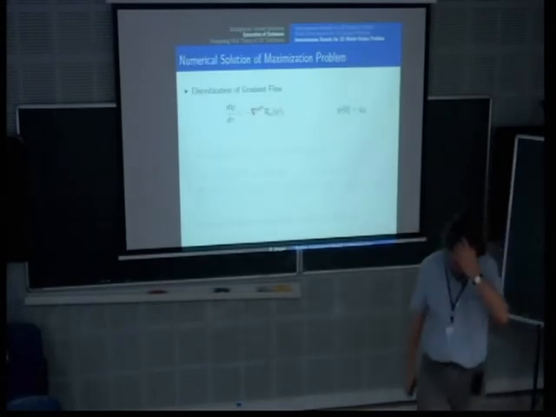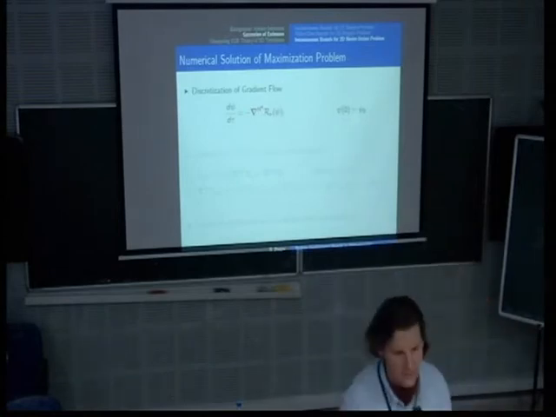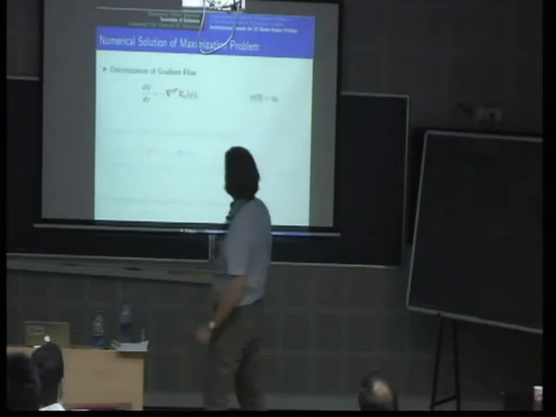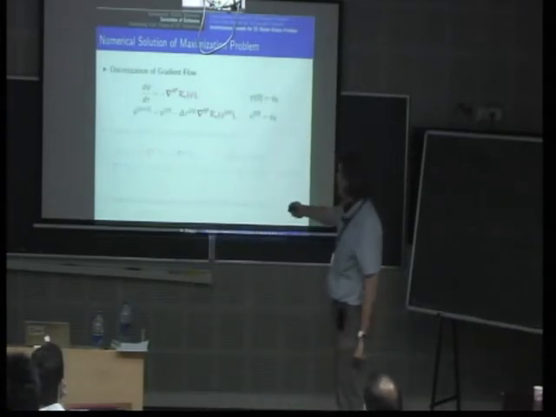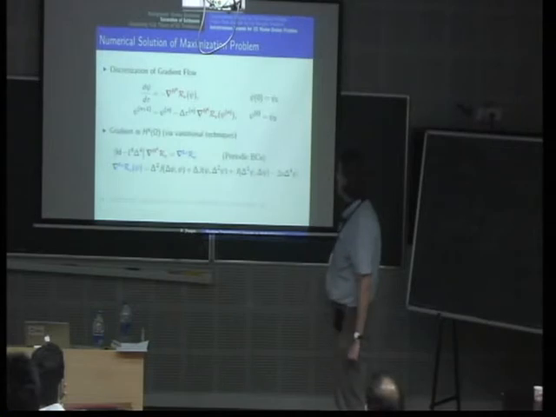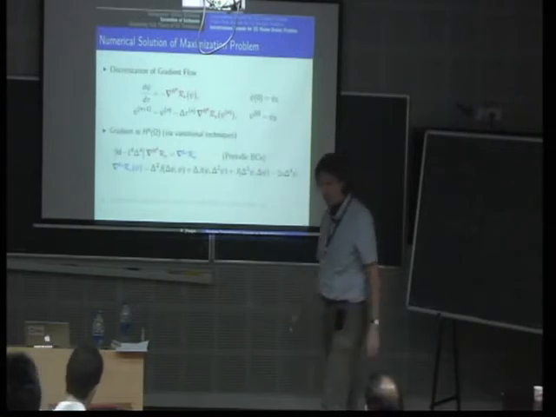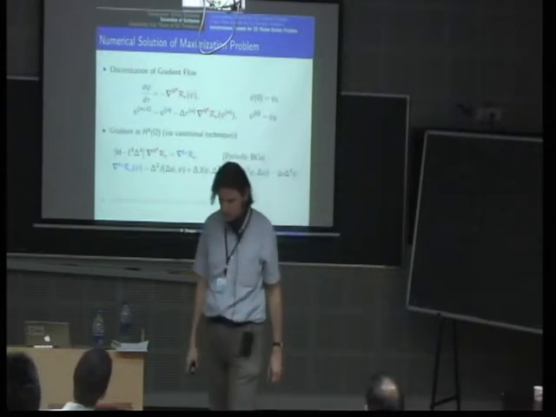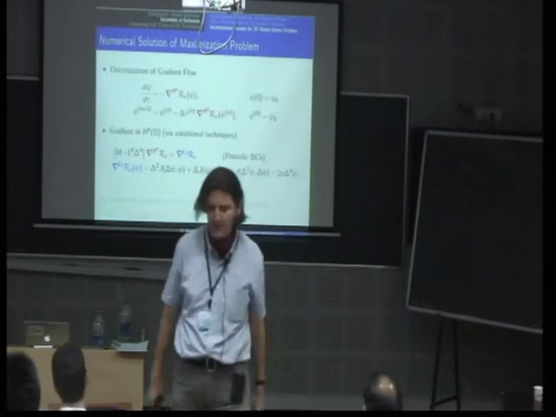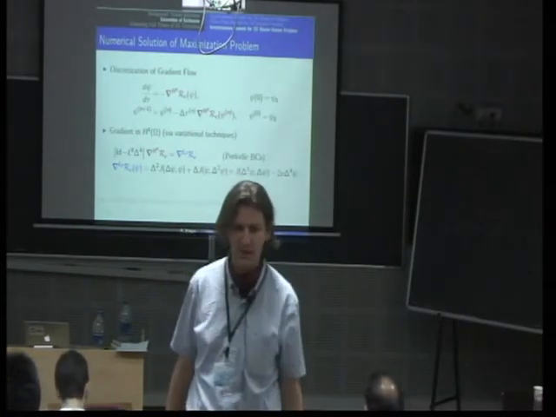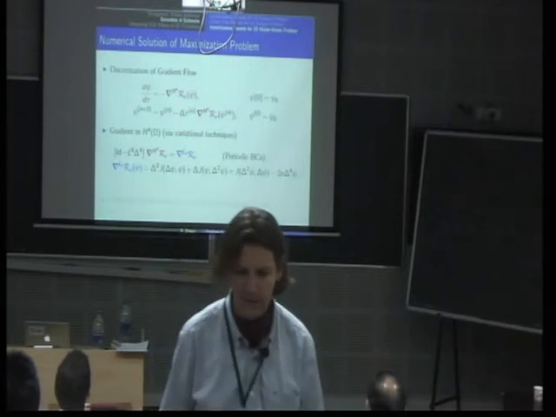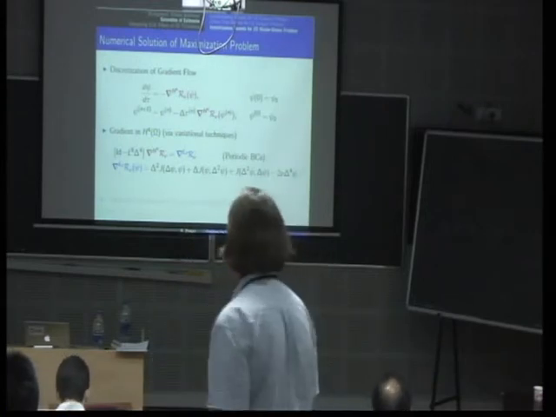Well, how do we solve this problem? Well, again, discretized gradient flow. So that's the continuous gradient flow. And that's the discrete version. Now, how do we compute the gradient? Well, we compute the gradient using the sort of variational techniques I described yesterday. It's a straightforward, albeit a little bit tedious exercise.